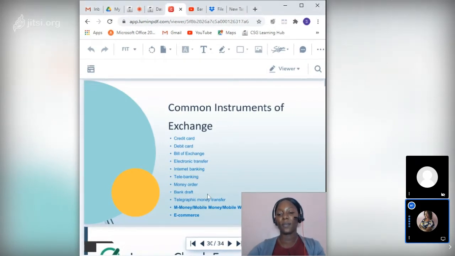All right, so the next one we have is the telegraphic money transfer. This is an older method of making payments. Telegraphic money transfers, or wire transfers as they are referred to, were used before electronic payment networks were so prevalent.